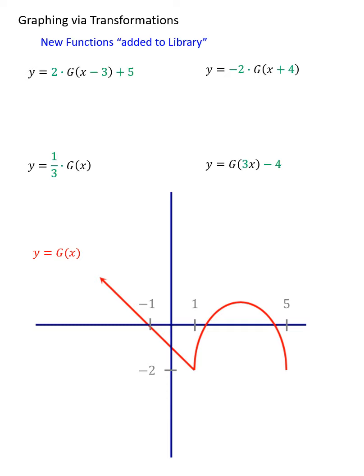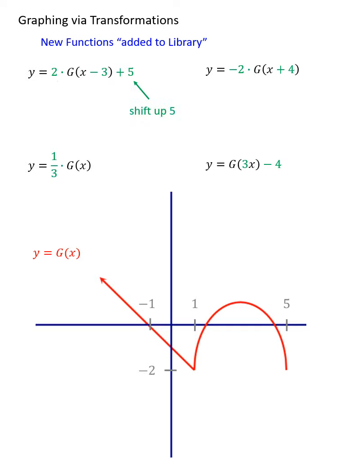In other words, we could apply the same transformation rules that we applied to our 4 basic functions in our library to any function in the library. For example, because the -3 is inside the function, we would interpret that as a shift right of 3. This would be a vertical stretch by a factor of 2 because you're multiplying outside the function.